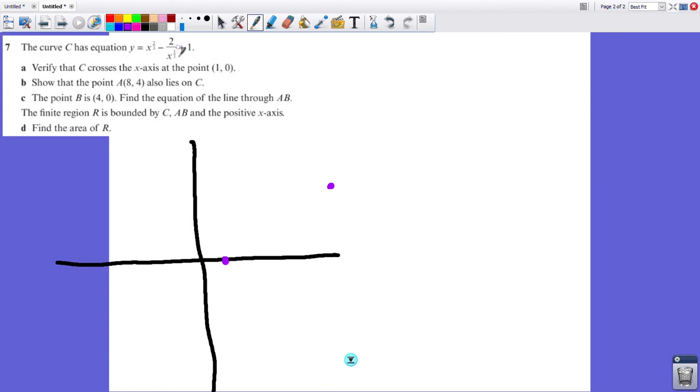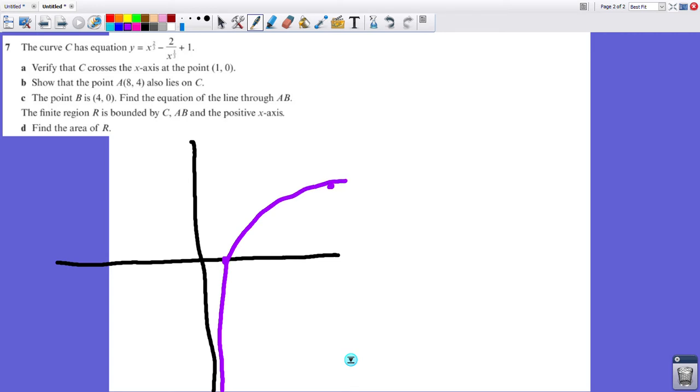The power of the x here is 2 over 3, so I'm going to assume it's a concave shaped curve. It doesn't cut through the y-axis because x being equal to 0 is undefined. So I'm going to draw a concave shaped curve looking something roughly like this.